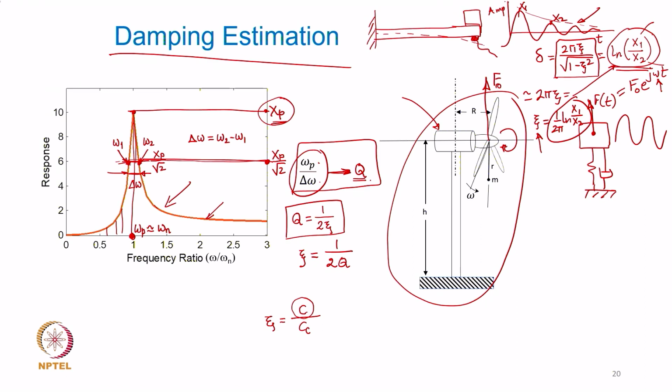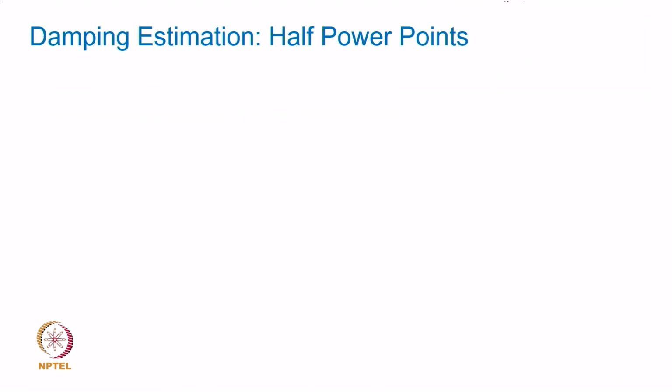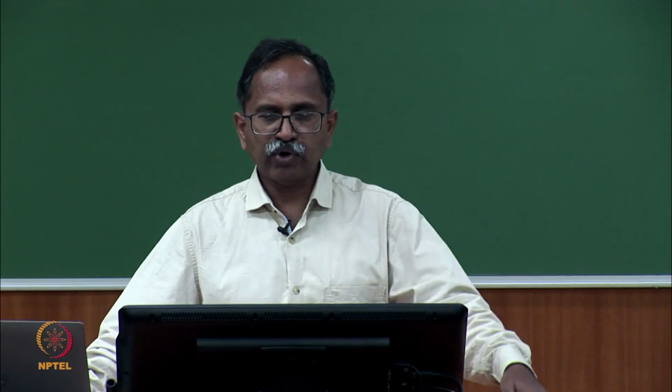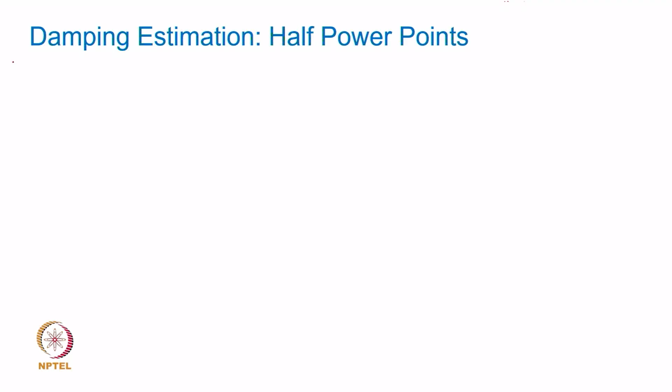Once you do that, using these half power point frequencies, you can actually get an estimate of the damping ratio in the vibratory system. So, this method is called the half power point method, and I hope you know that power is directly related to the square of the amplitude, is it not?